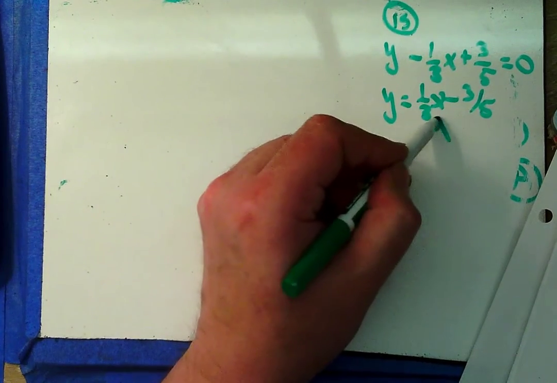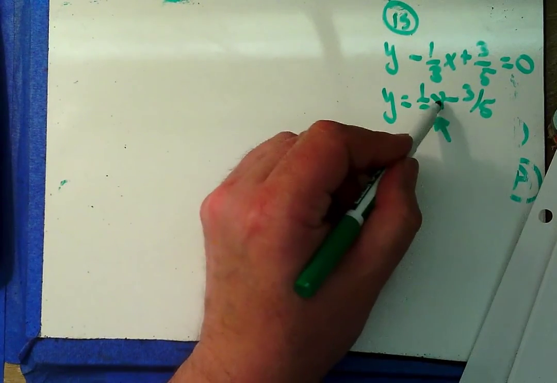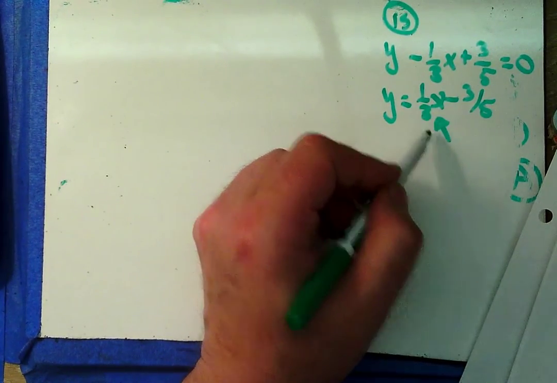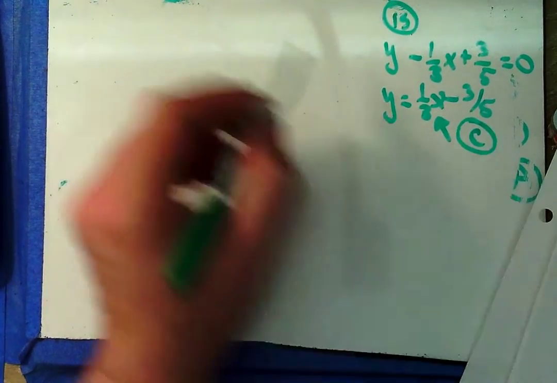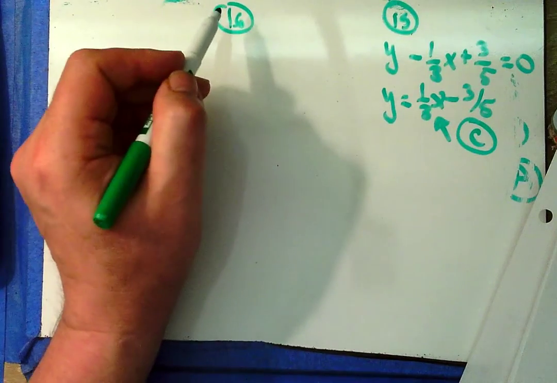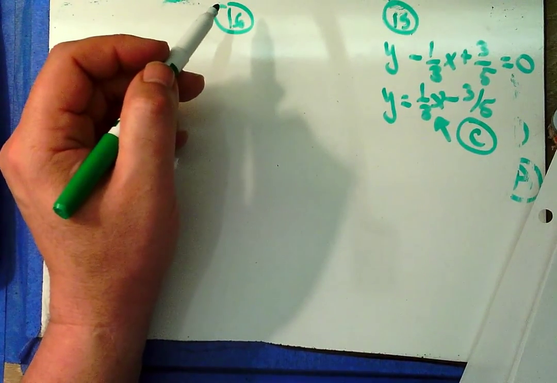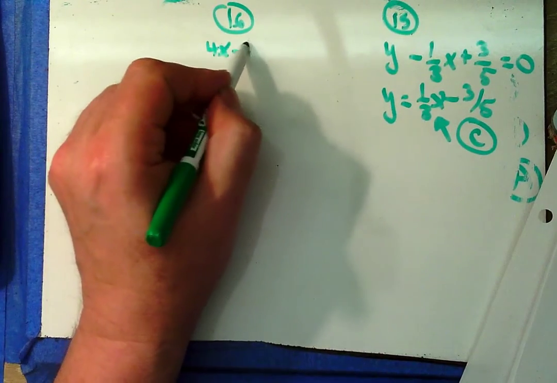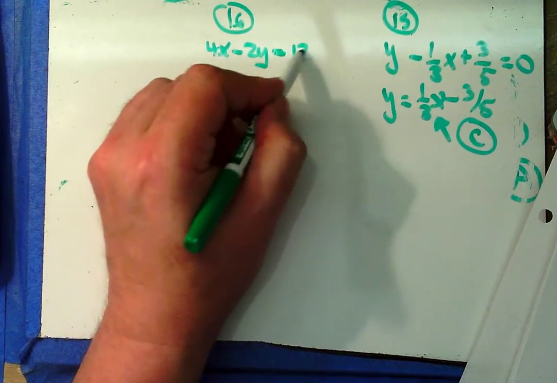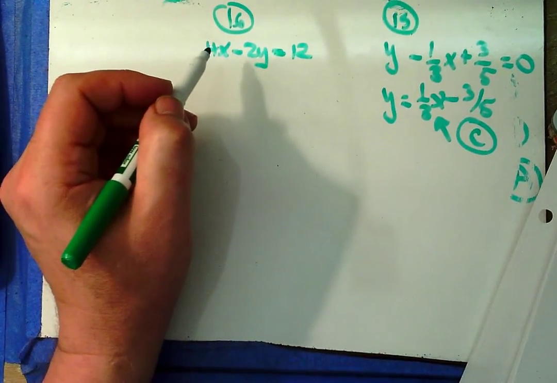And I know that this number, y equals mx plus b, 1/3 must be my slope, and that corresponds with choice C.